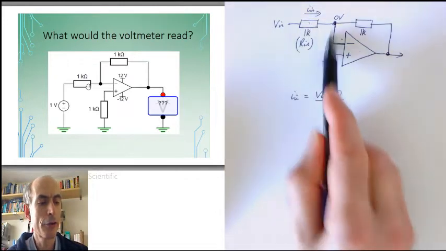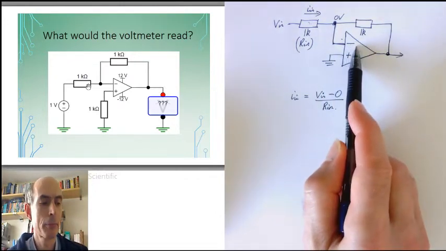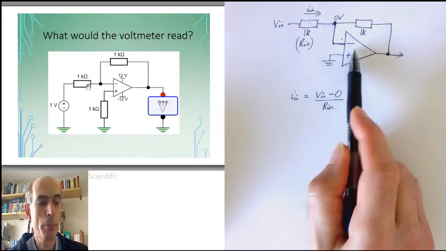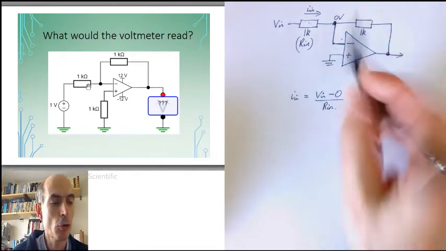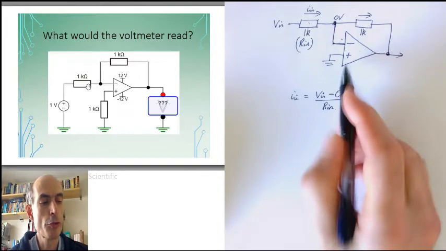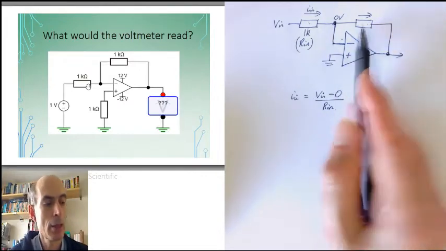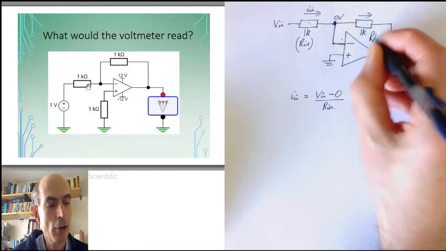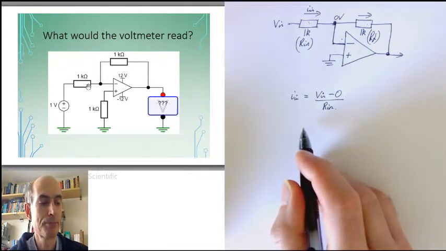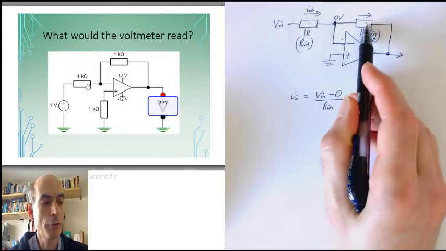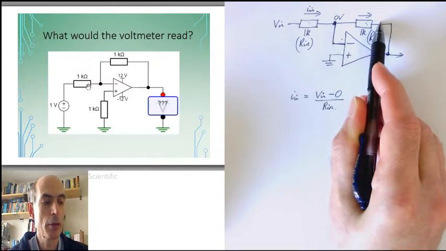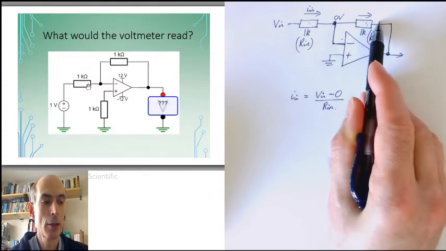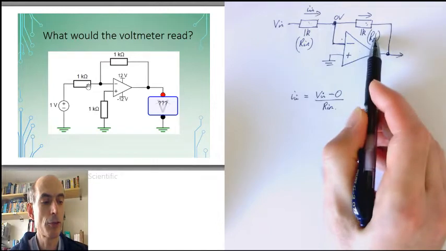None of that current flows into the op-amp, because one of the properties of an ideal op-amp is that no current flows into its inputs. Therefore, all of that current must flow through this resistor here. In general, I could call that RF, the feedback resistor. And therefore, the voltage across the feedback resistor must be the current flowing through it times the value of the feedback resistor.